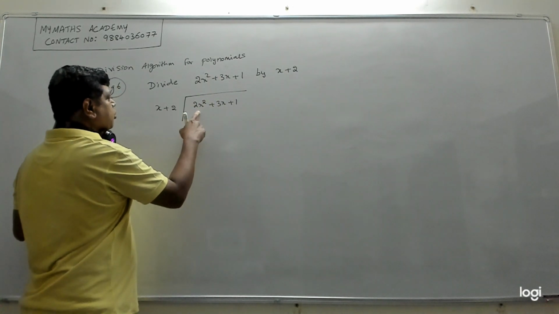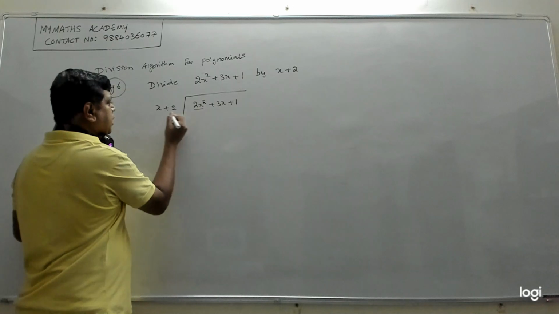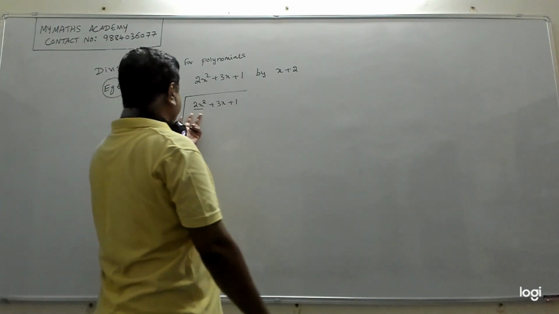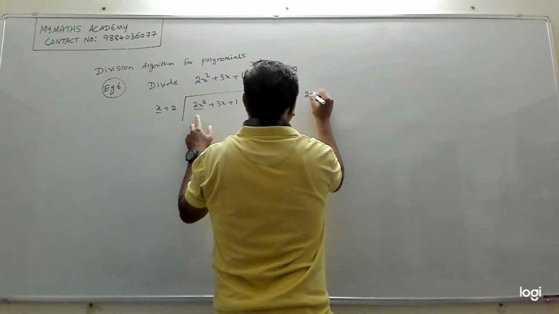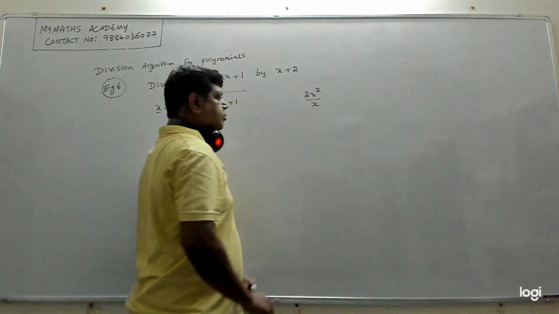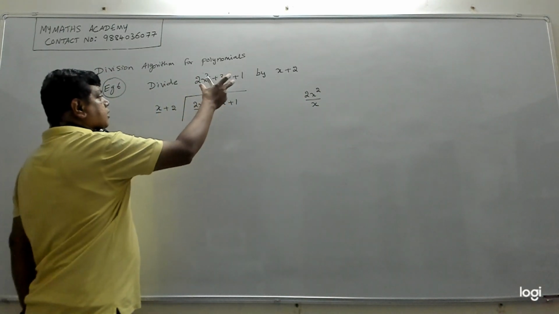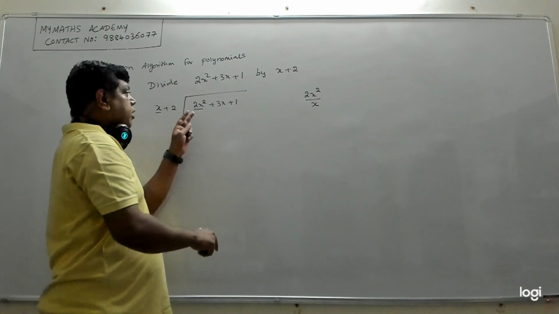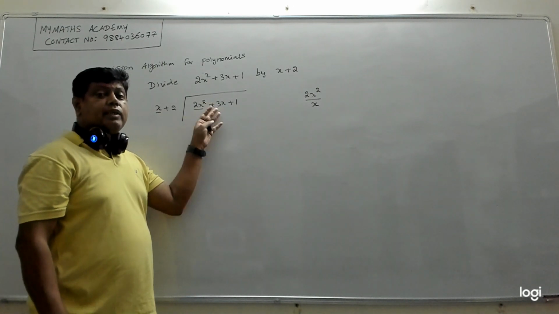Step 1: first we will take the first term here and the first term here. So the first term here is 2x square, divided by the first term here, x. When you are writing the polynomials, you have to write them in the order of decreasing powers of x.